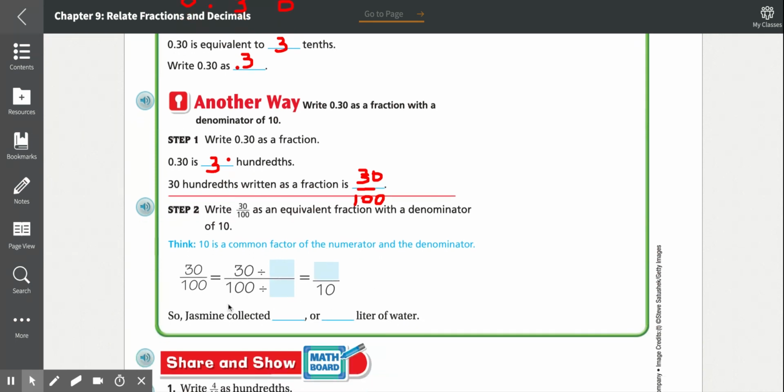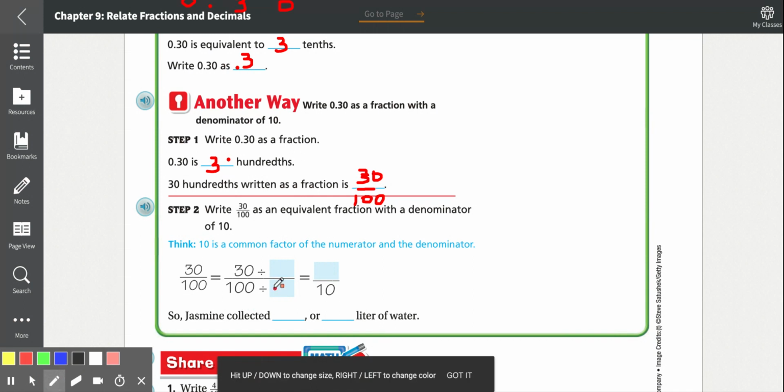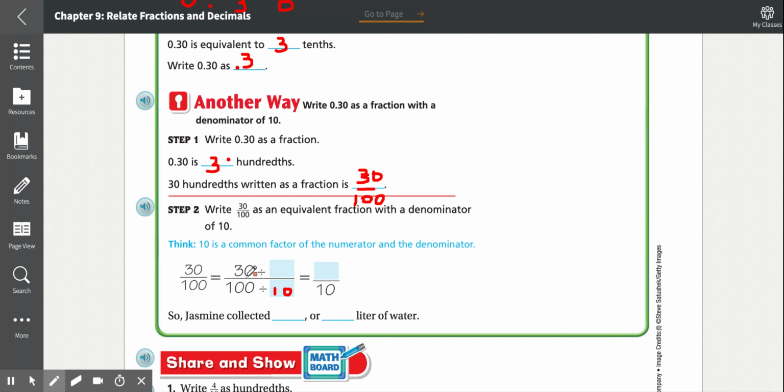So, to get an equivalent fraction with a denominator of 100 to a denominator of 10, we have to divide 100 by 10, which is 10. So whatever you do to the denominator, you have to do to the numerator. So 30 divided by 10 equals 3 tenths.